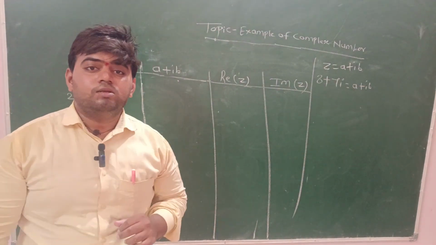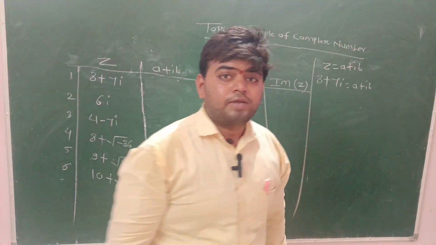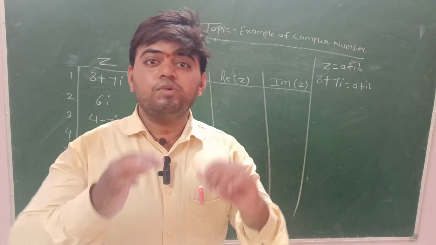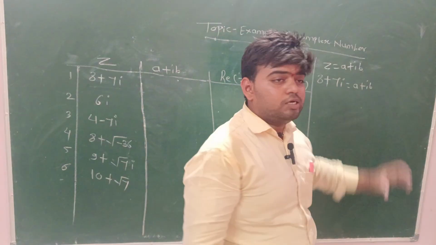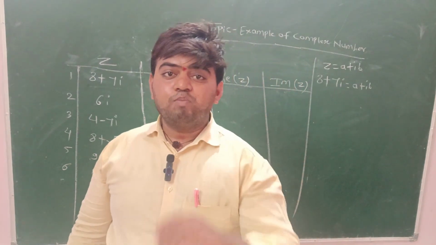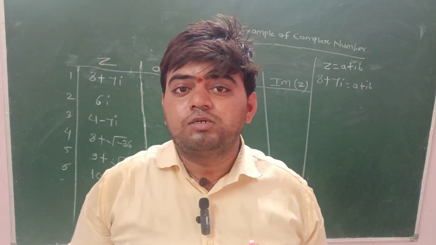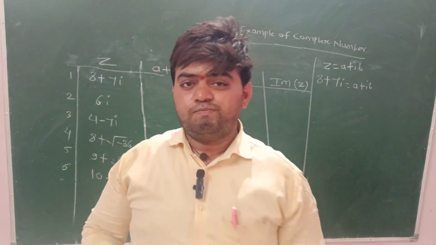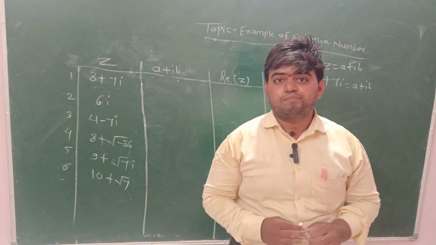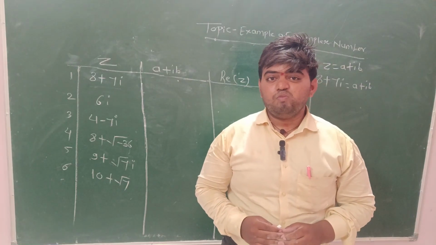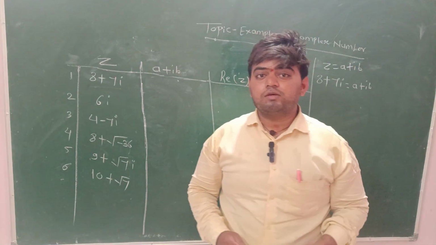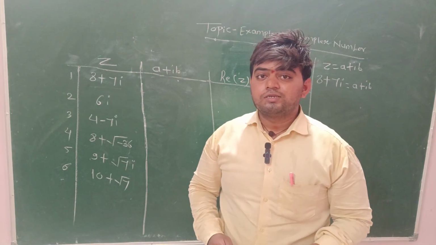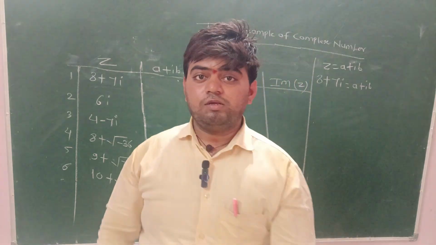In this example, 8 and 7 are real numbers, but 8 is the real part of z and 7 is the imaginary part of z.